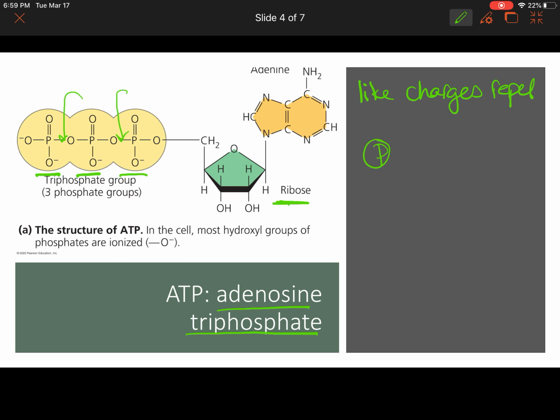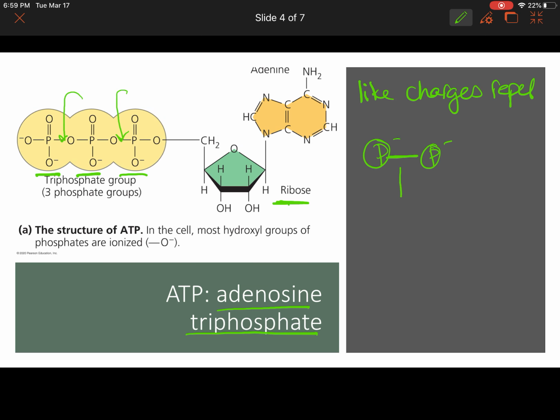If you've got 2 negative phosphate groups, those are naturally going to repel each other, kind of like when you have two magnets with the same poles facing toward each other. You can feel them pushing at each other. Well, negatively charged groups are the same way, but that repulsion can be overcome, and those two negatively charged groups can be covalently bound together.